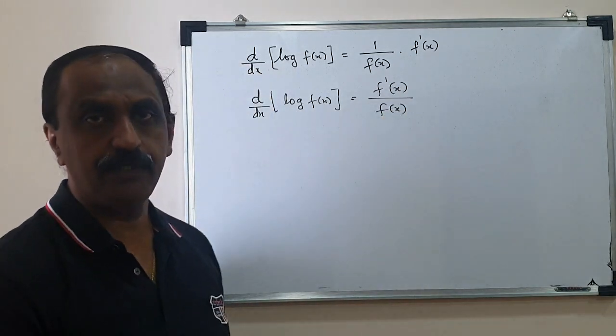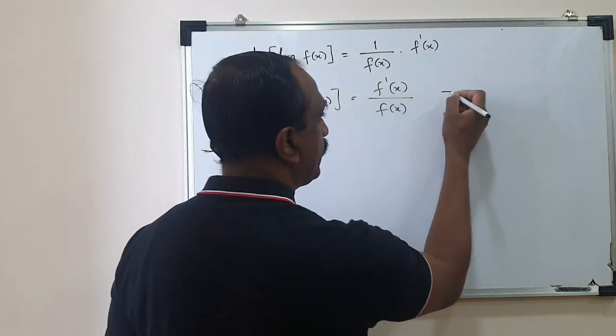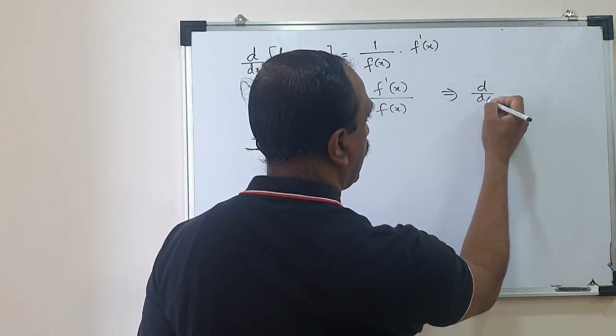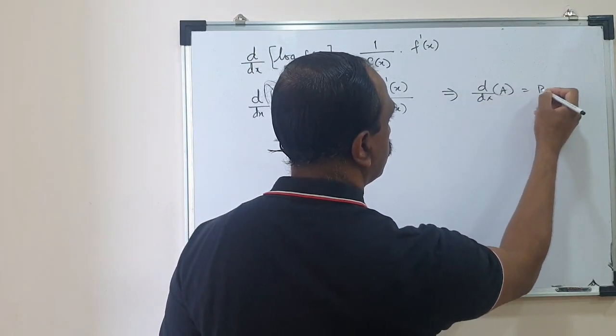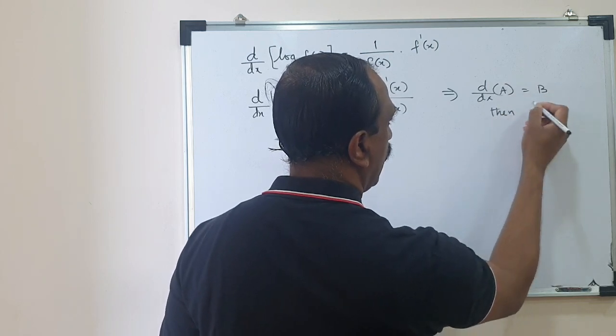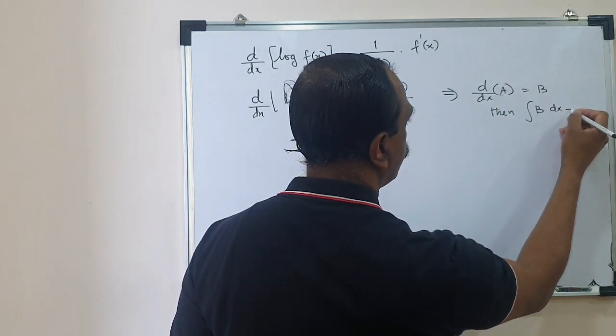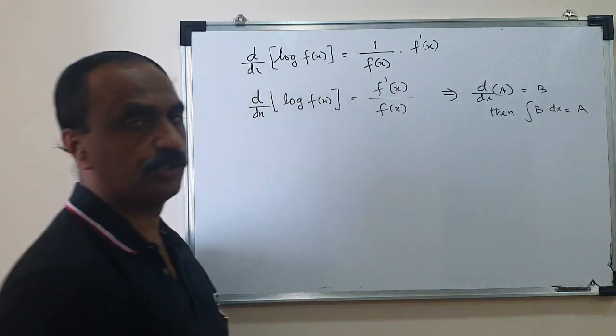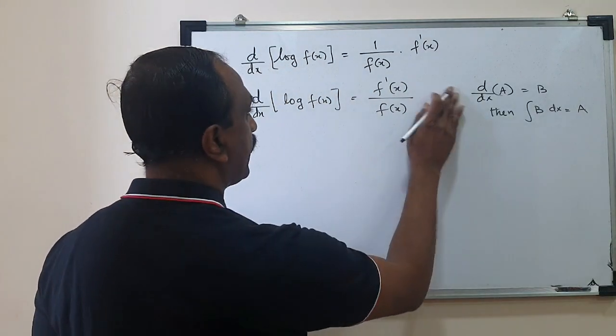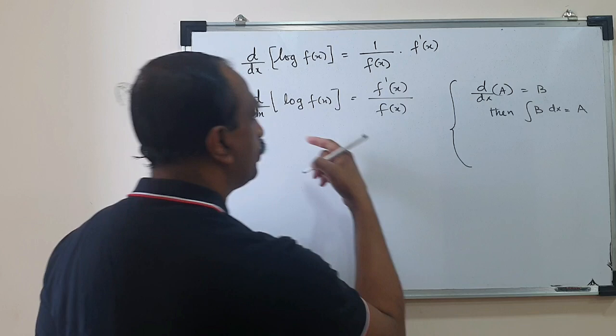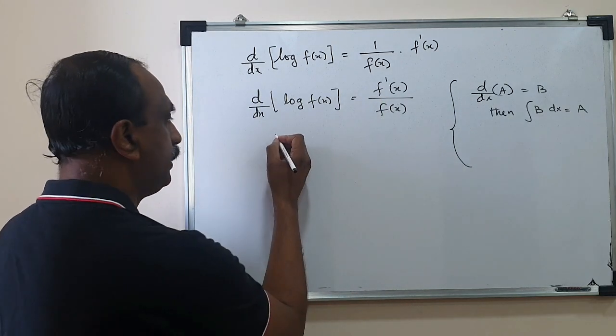Now by the definition of integration, we know that if the derivative of a is b, then integral of b dx is a. This is the definition of integration. So from here I can convert this into an integration formula.